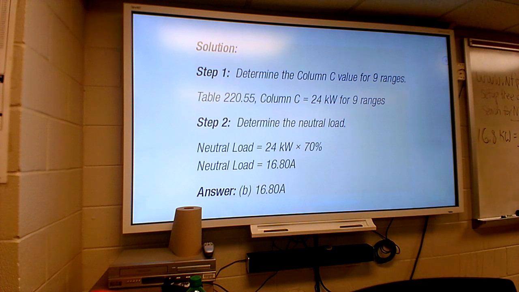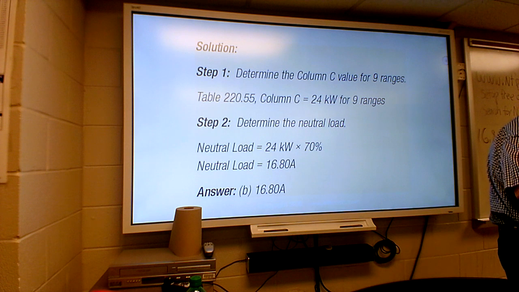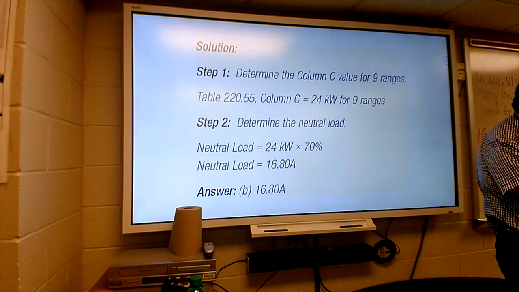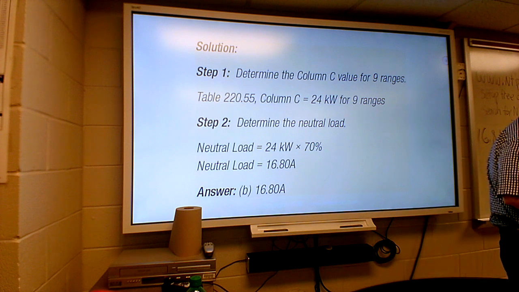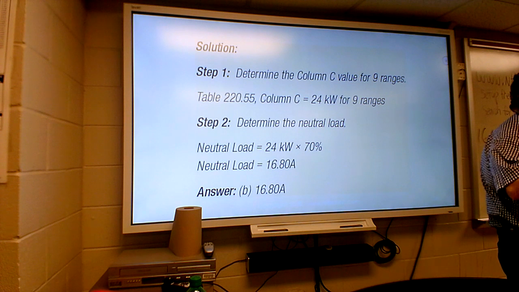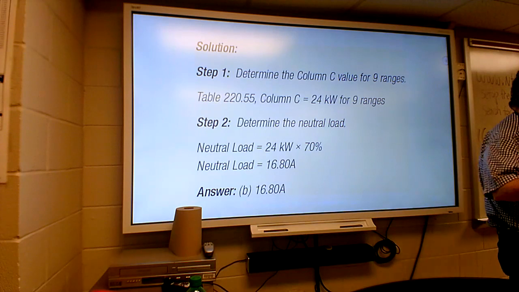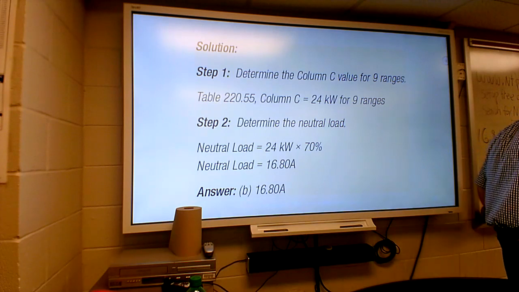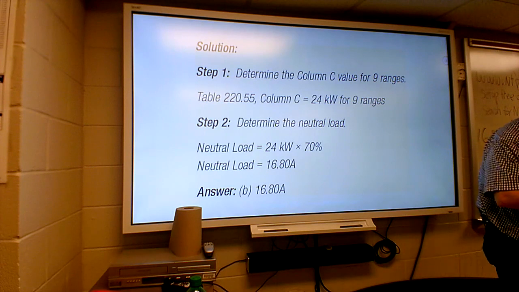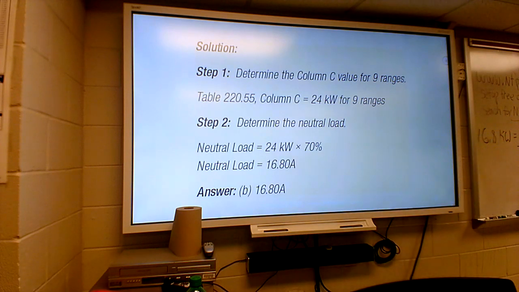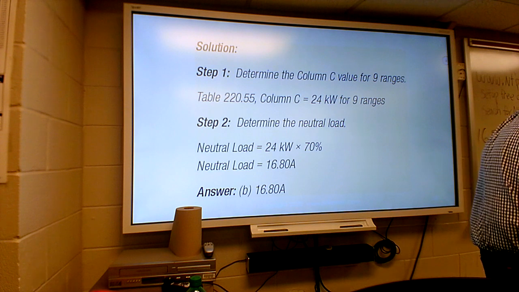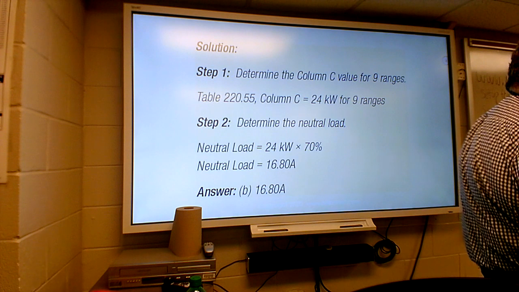So if you wanted to know the amp size of the neutral wire, it would have to be a 70 amp rated wire. When you say 16.8 kilowatt neutral wire, you still don't know what size wire it is, right? So what size wire is it if you go to the wire chart? 70 amps, and let's stay in the 75-degree column.